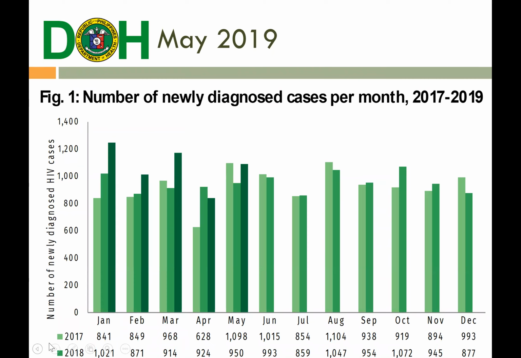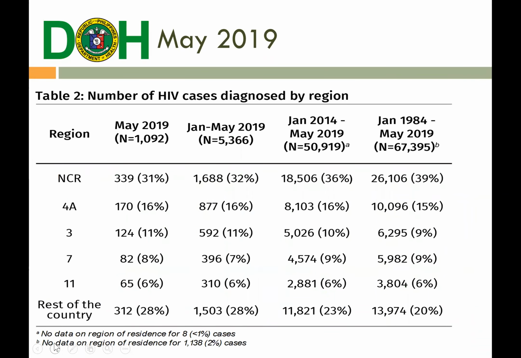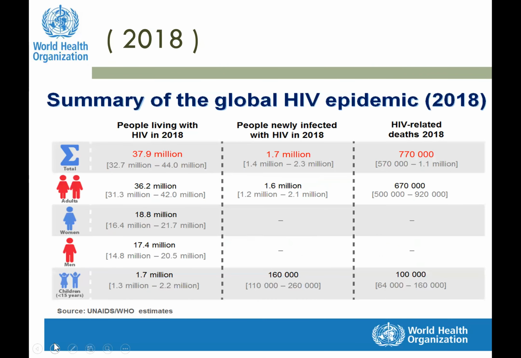Now, he is also giving you, or gave us, the number of diagnosed cases, comparatively speaking, from 2017 to 2019. And of course, the different regions in which it is commonly seen.